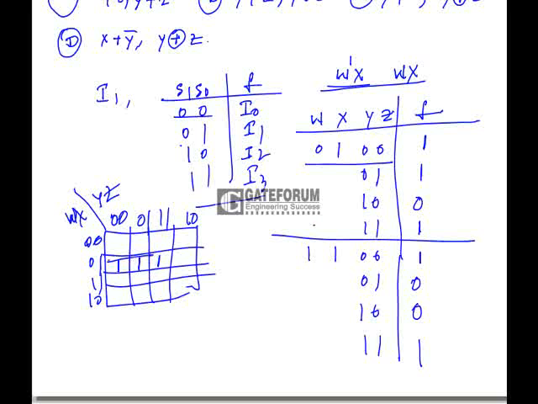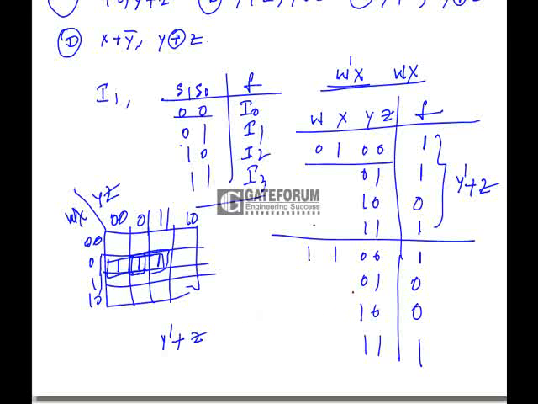So for this the grouping will be these two and these two. W dash X is fixed now. In the form of Y and Z, it will be Y dash plus Z, which is equivalent to I1. So I1 is Y dash plus Z.